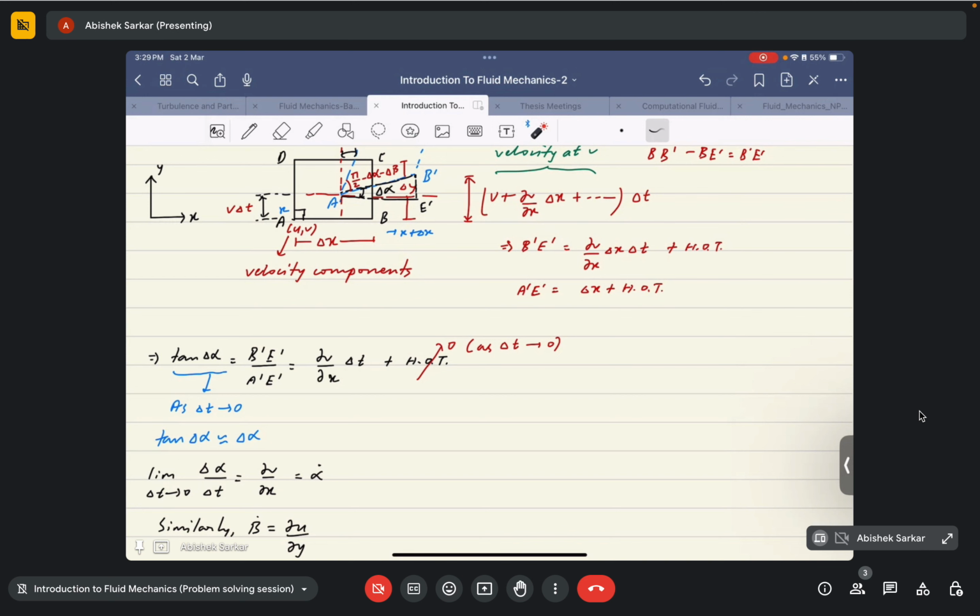It will undergo continuous deformation under the application of some force. But a solid would try to resist the application of the external force by applying some resisting force, which results in the generation of stress in the solids, right? That we usually discuss in solid mechanics, like how stress is generated.